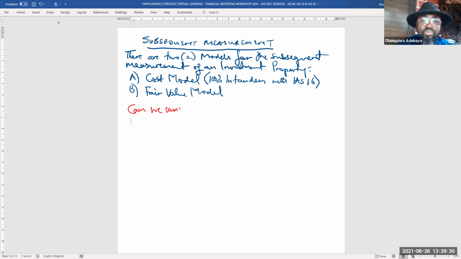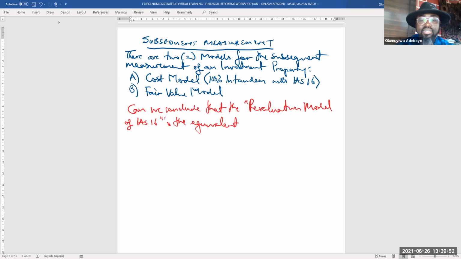Can we conclude that the revaluation model of IAS 16 is the equivalent of the fair value model of IAS 40?